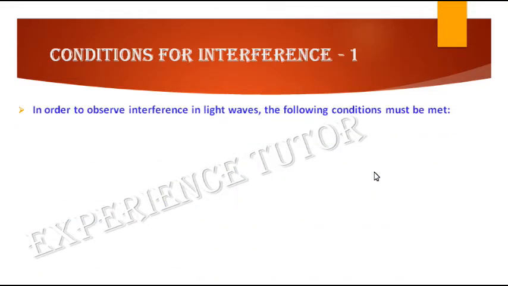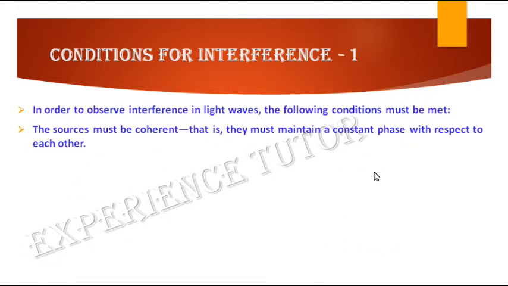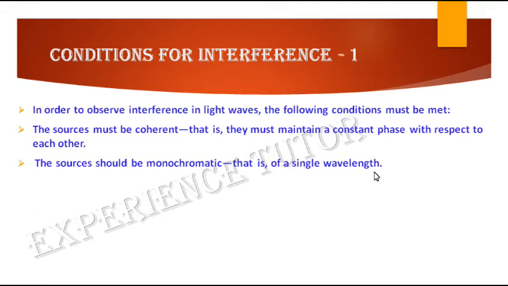In order to observe interference of light waves, the following conditions must be met. The first condition is that the sources must be coherent. Coherent sources are those sources which maintain a constant phase with respect to each other. The next point is that the source should be monochromatic, that is, a single wavelength.